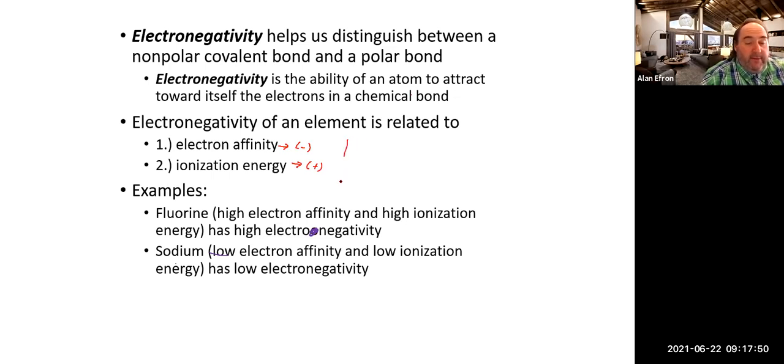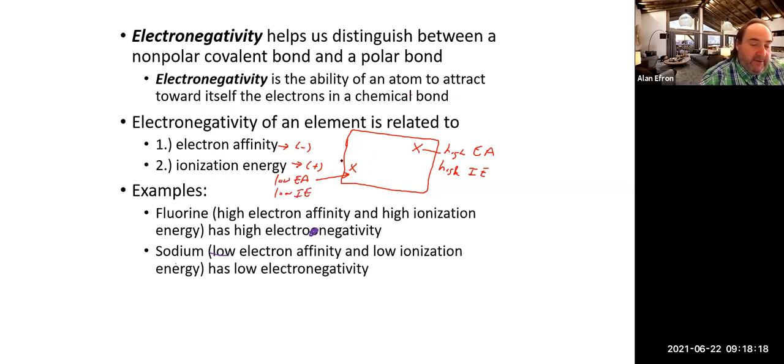High electron affinity and also high ionization energy in this part of the periodic table, as opposed to this part, where we have low electron affinity and a low ionization energy.